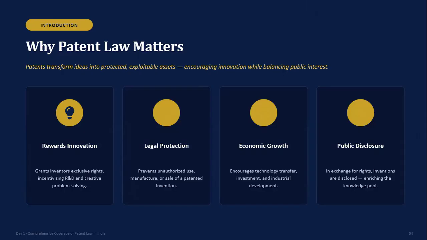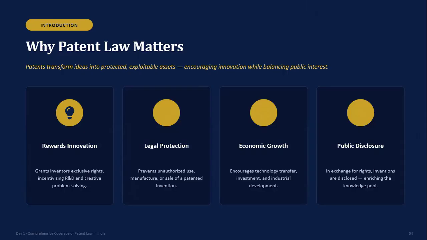They provide inventors with exclusive rights and thereby create an incentive for research, development, experimentation, and creative problem solving. Second, a patent provides legal protection against unauthorized use, manufacture, or sale of a patented invention. Third, patents contribute to economic growth by encouraging technology transfer, investment, commercialization, and industrial development.